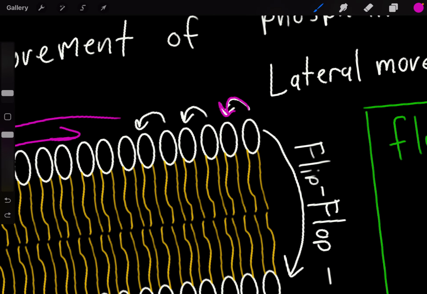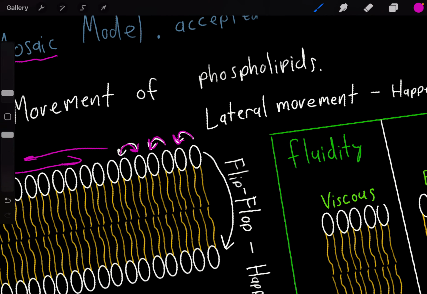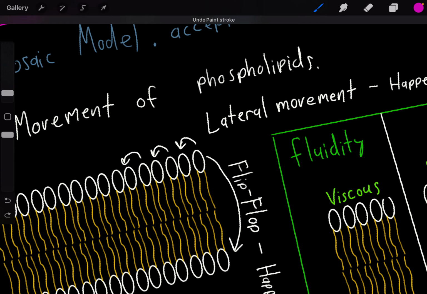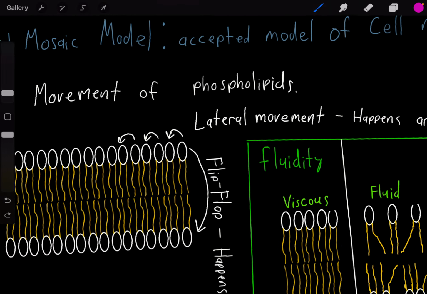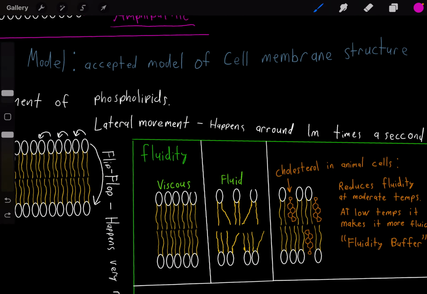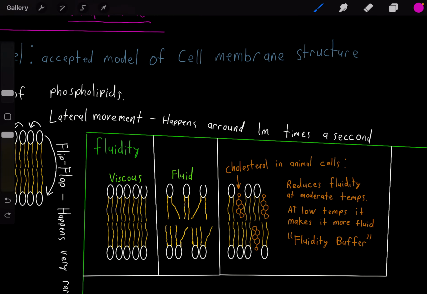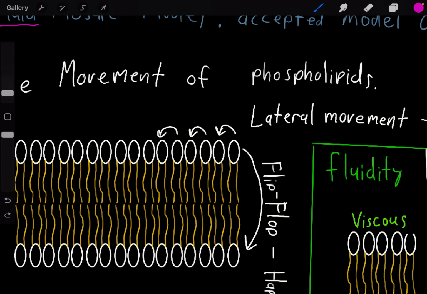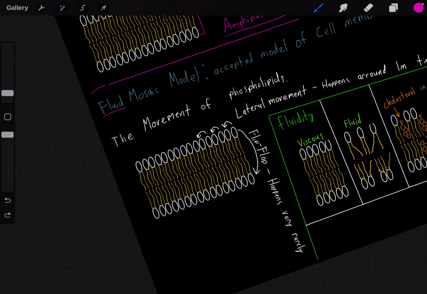They'll swap right here. So this is called the lateral movement. It could also go that way. These phospholipids move in a lateral movement, and this happens around 1 million times a second. So very, very fast. So your phospholipids are always moving laterally very fast.